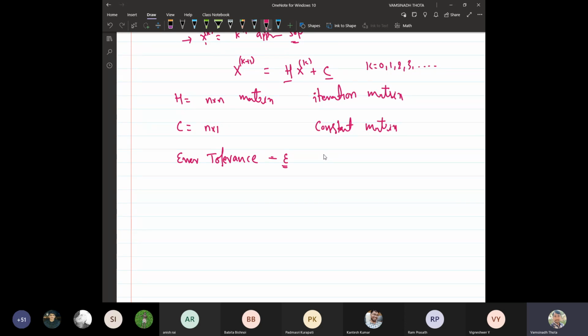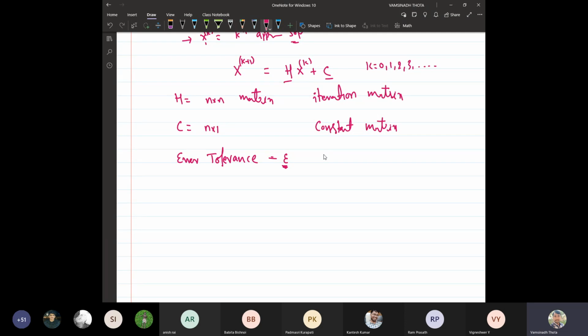Approximation means there will be some error between the approximate solution and the exact solution. Now, if the error tolerance is given as epsilon, what is the criterion for terminating the algorithm?